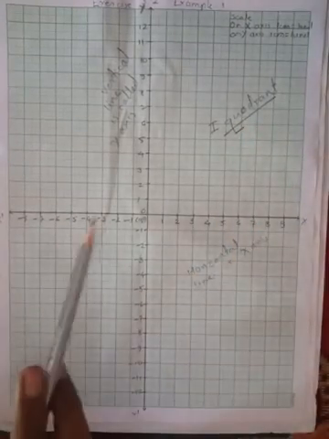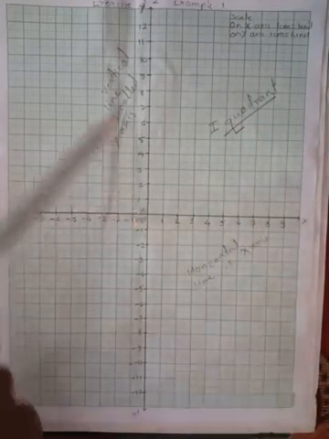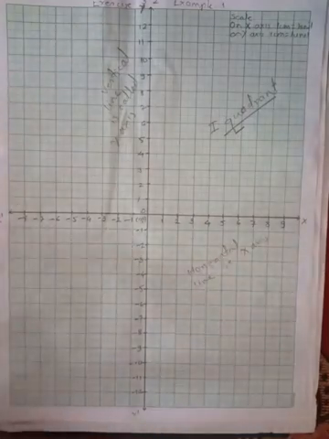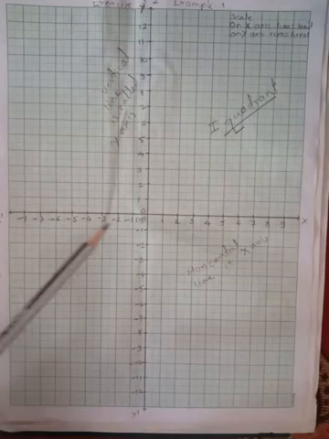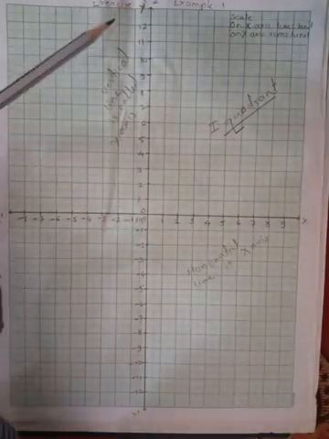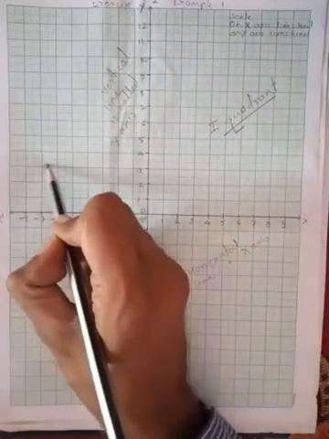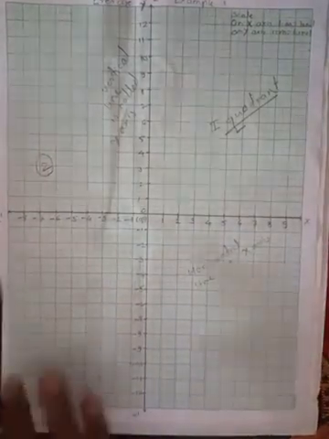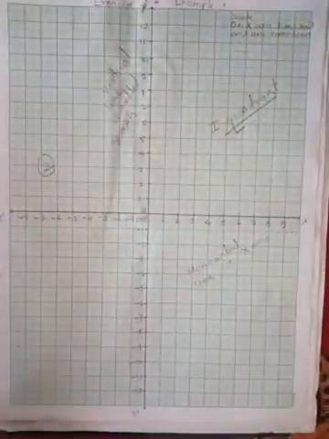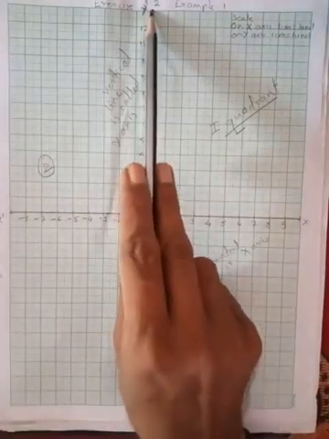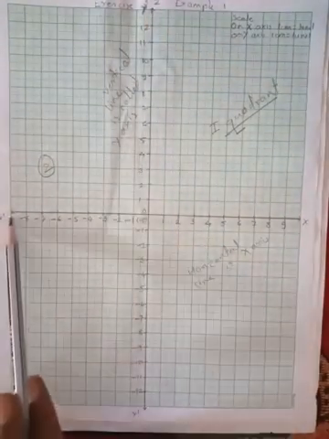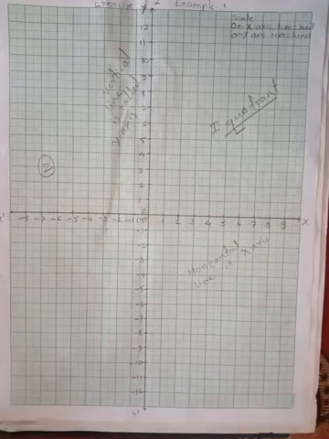The area between positive direction of y-axis and negative direction of x-axis is called second quadrant. Please note, this area extends, since this arrowhead indicates that it does not end, so it is extended further.